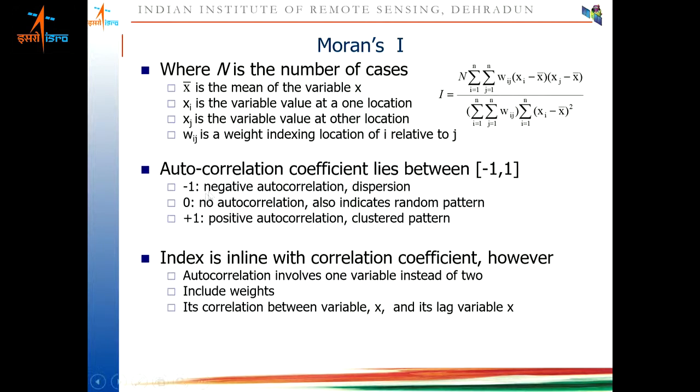When the index value is 0, there is no autocorrelation, which means the pattern follows a random distribution. If it is +1, it is a positive, perfect autocorrelation, and the distribution follows a clustered pattern.